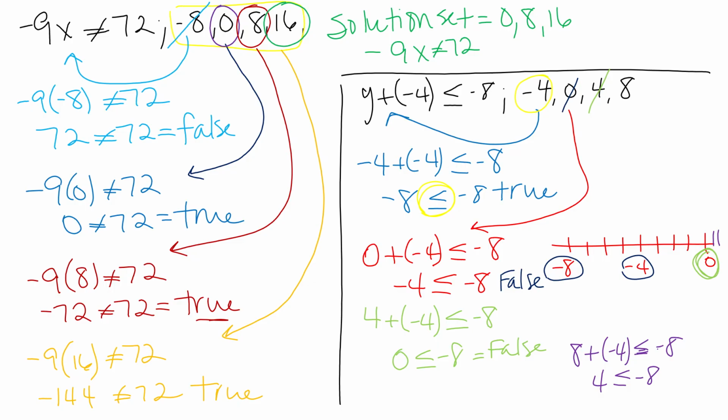And my 4 would be on this side, 4 is greater than negative 8, so this is going to be false as well. So the solution set for this inequality, out of the 4 numbers that we were given, the only answer is negative 4.